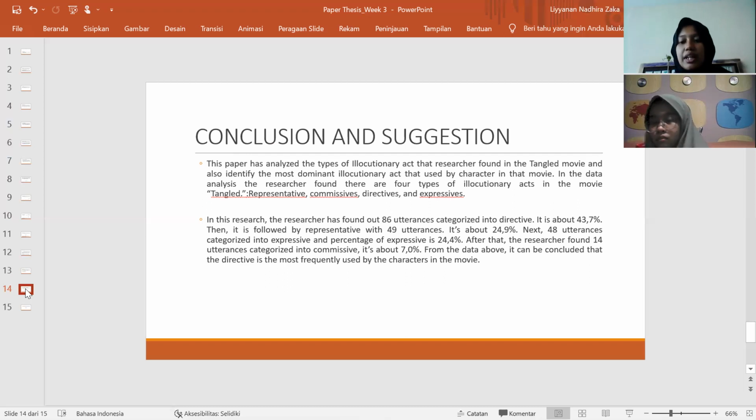And next, 48 utterances categorized into expressive, with a percentage of 24.4%. And after that, the researcher found 14 utterances categorized into commissive, about 7.0%. From the data above, it can be concluded that the directive is the most frequently used by the characters in the movie.